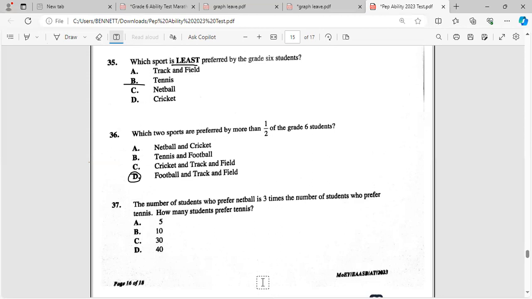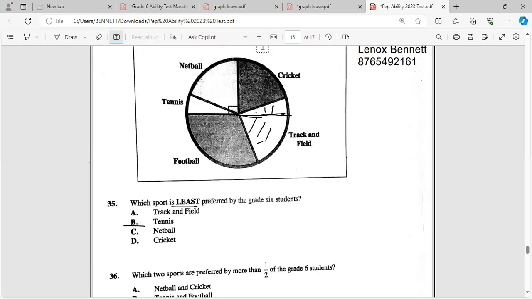So, sir, my answer is 10. Alright, so it said that the number is... tennis and netball, you could see that it would equal 40 since it's a right angle section right here.